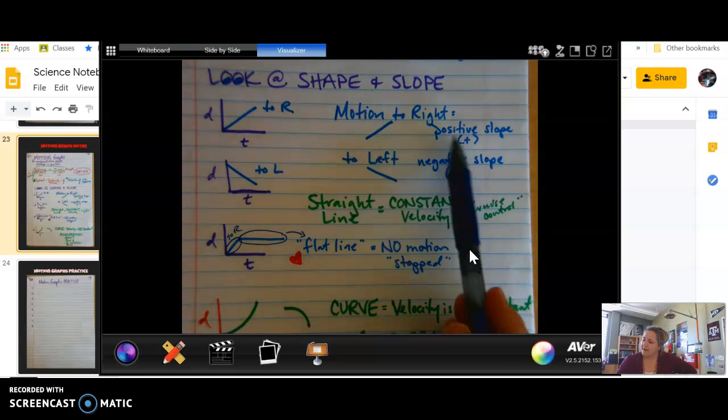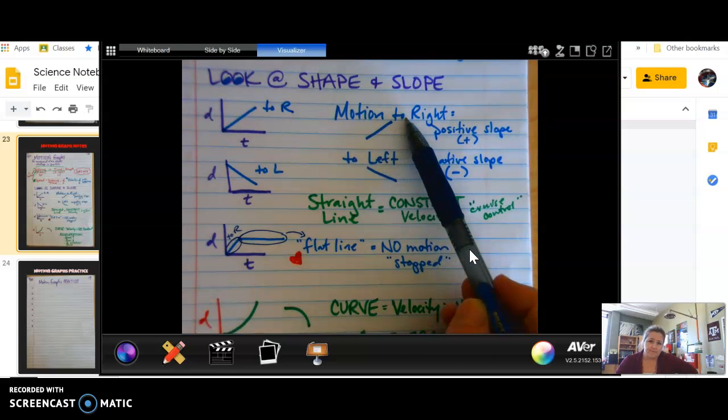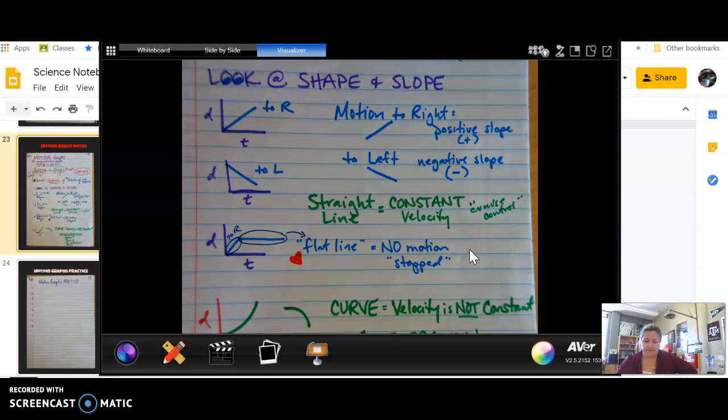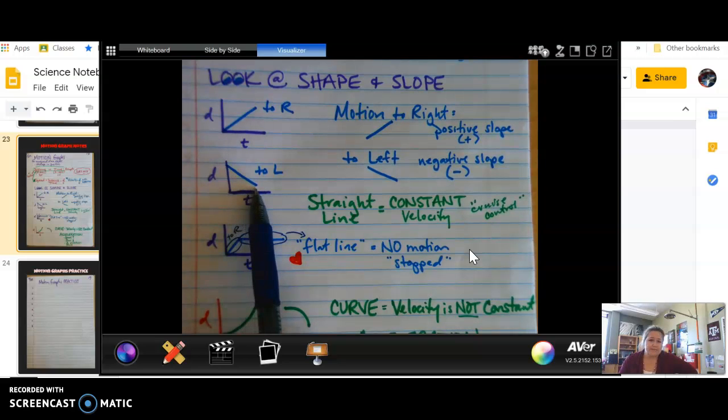But this is what's known as a positive slope, because every point is higher than it was before. Don't confuse yourself between what the graph looks like and the path the person took. Sometimes you need to take a step back and think about it in terms of the Stickman. If you have a downward slope, this is referred to as a negative slope.